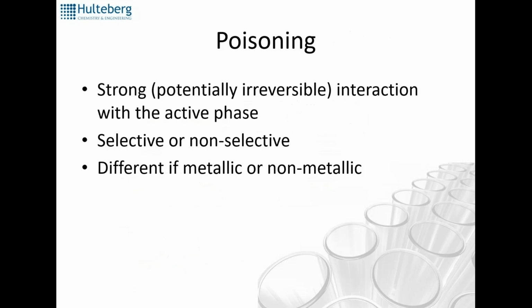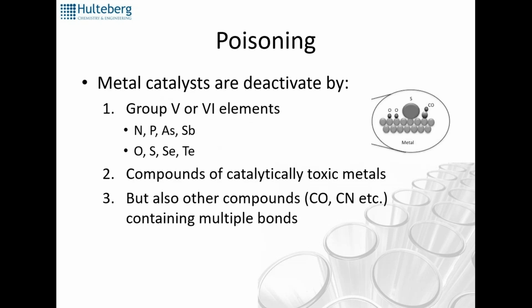But let's start with poisoning. Poisoning is a potentially irreversible interaction between a gas phase molecule and the active phase. It can be selective or non-selective, and it's definitely different if the catalyst is metallic or non-metallic. So if we look at metal catalysts, they're normally deactivated by group 5 or group 6 elements: nitrogen, phosphorus, arsenic, antimony, oxygen, sulfur, selenium or tellurium.